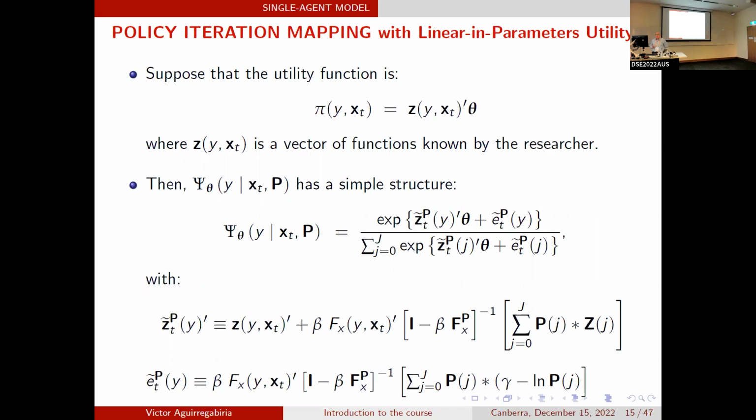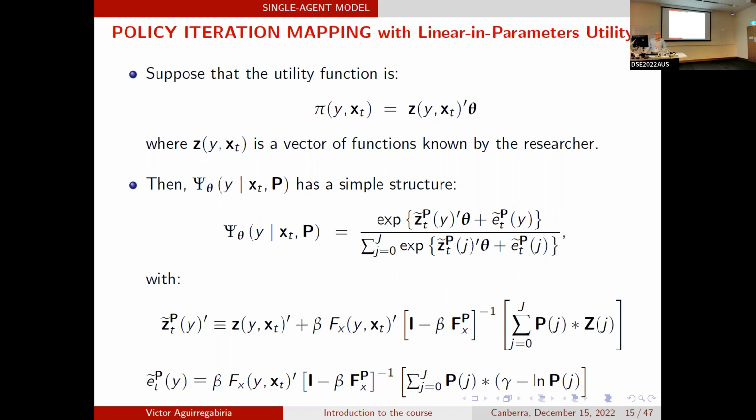Why is it costly? Because you can see this expression. Suppose that we have fixed p and we have calculated already z tilde and e tilde, and we have a particular value of theta, and then we have calculated these choice probabilities.